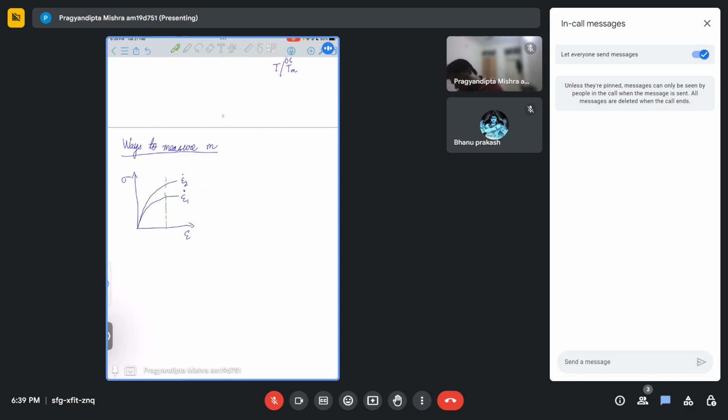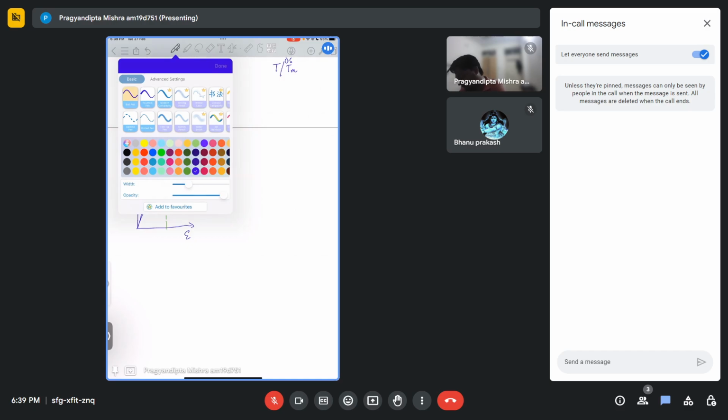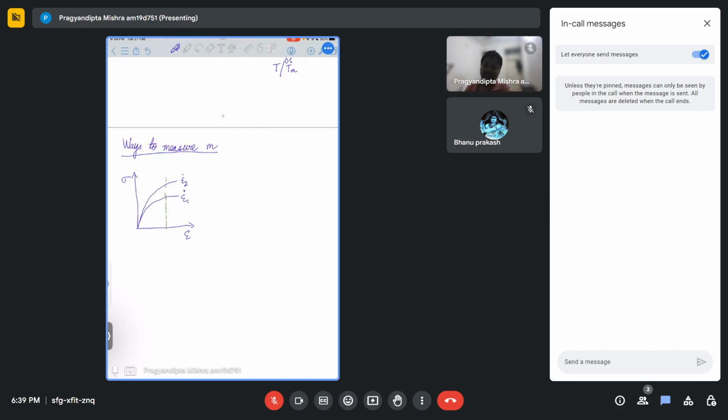At some particular value of strain, if I'm measuring the stress values for both epsilon 1 dot and epsilon 2 dot, then I can use that information to find my constants, C and M from there. In a similar vein, if I do the experiment in a different way, now instead of applying two different strain rates, what I will do is apply stress versus strain at one particular strain rate.